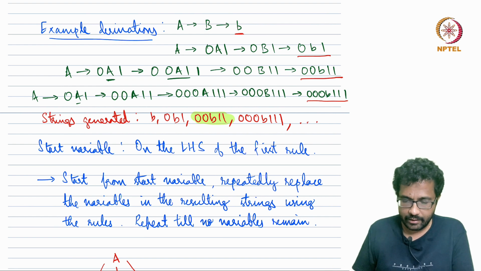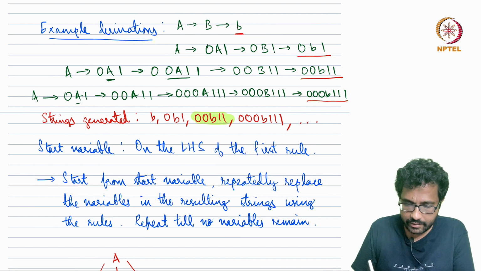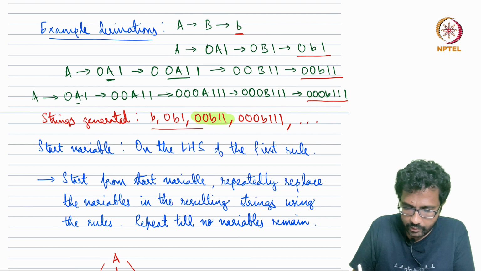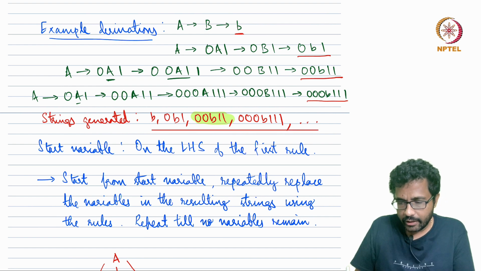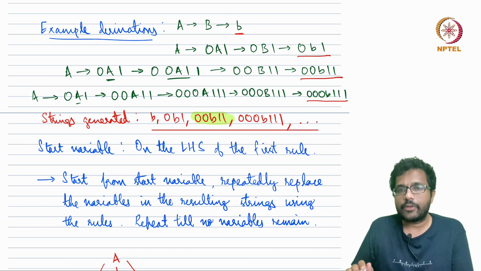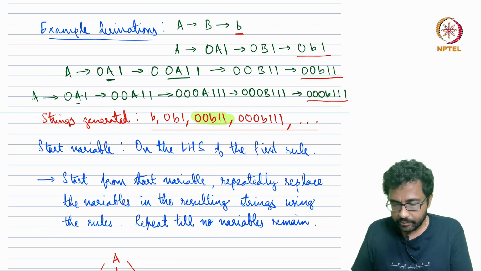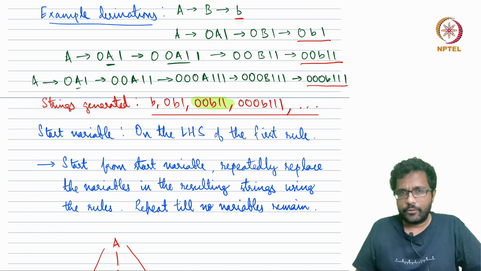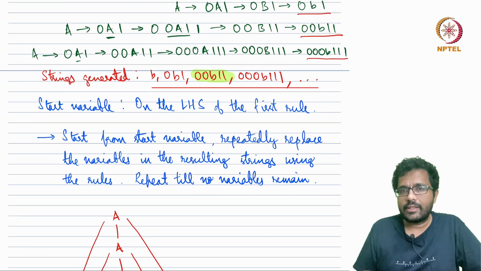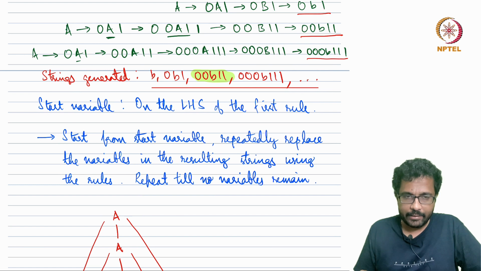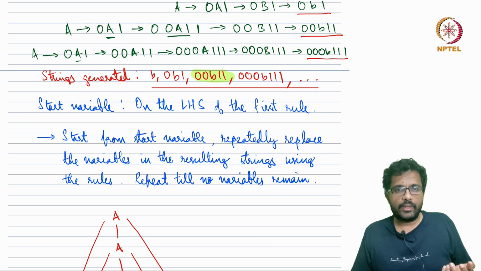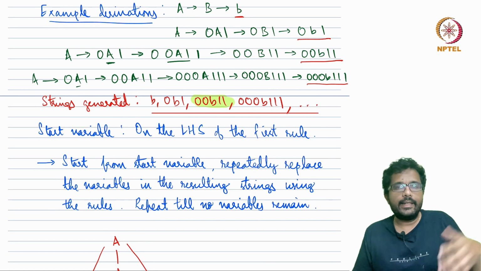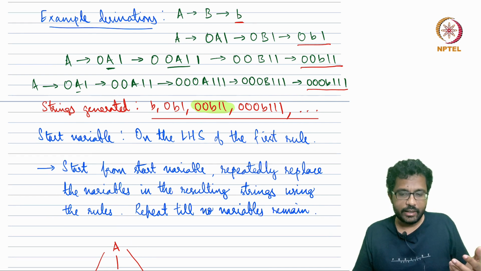In this case we reach these underlined strings, and when we reach them there are no more variables. This is the goal, and we will state it a bit more formally later, but this is how you get a string from a grammar. You start from the start variable and repeatedly replace a variable using a rule.